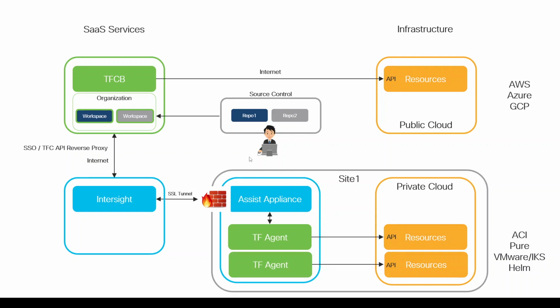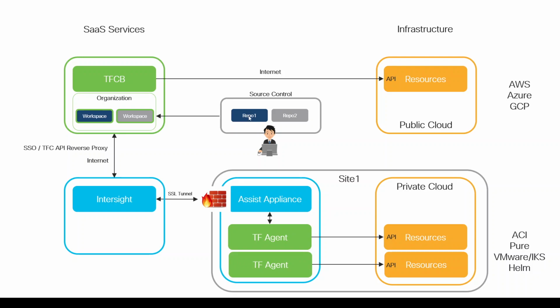One other piece that I haven't really explained yet is the source control. We did talk about workspaces and how those can be set up to manage different types of infrastructure. So for example, maybe the blue workspace is tied to repo 1, and repo 1 is Terraform code for creating, let's say, an ACI tenant.